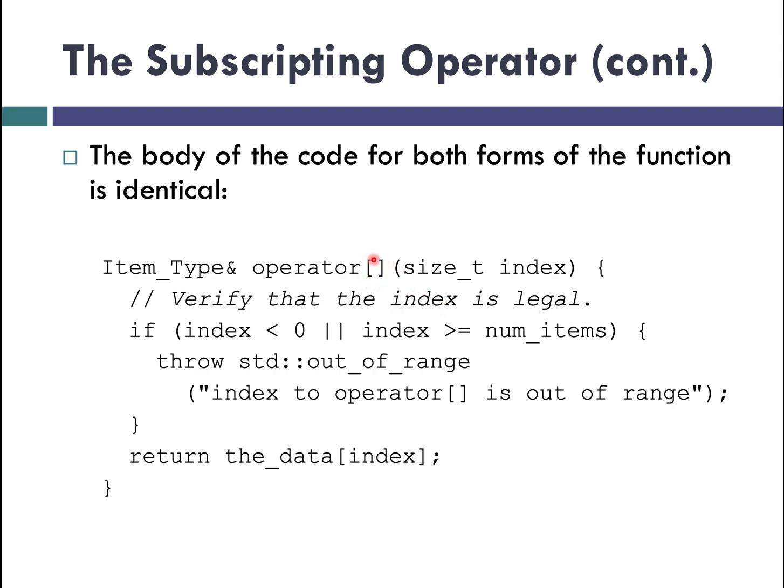Okay, so now if we take a look at this, here is my operator, square brackets. I'm being passed this parameter index. I'm now going to say if my index is between 0 and the end of my filled part of the array, and if it's not inside of the correct range, I will go ahead and throw an exception.